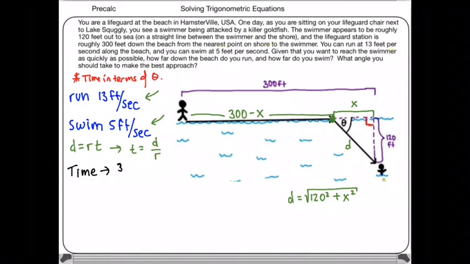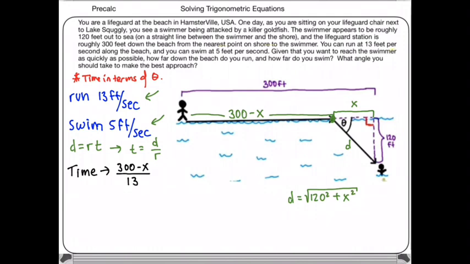So I got 300 minus x, and how fast can I run as a rate? That's going to be 13 feet per second. So this is going to give me time, because this is the distance and this is the rate, and that's going to kick out a time.